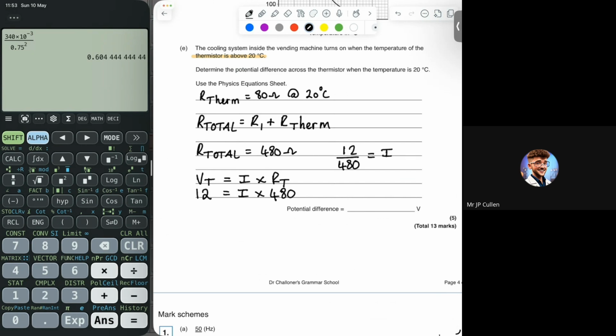So if we clear this, sorry, 12 over 480 is 0.025. So the current I equals 0.025 amps.